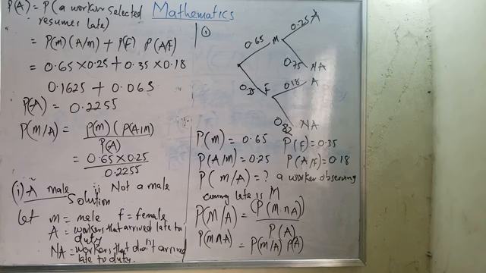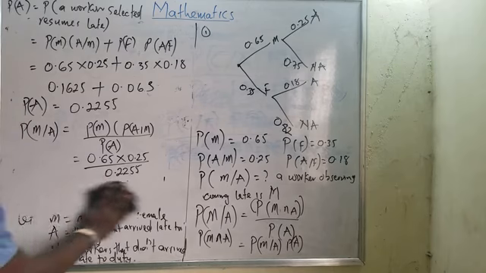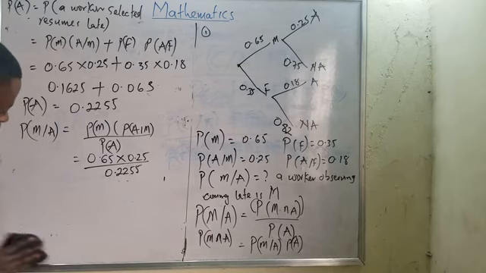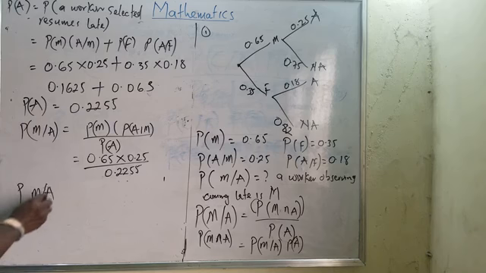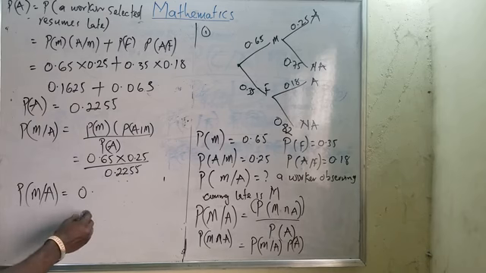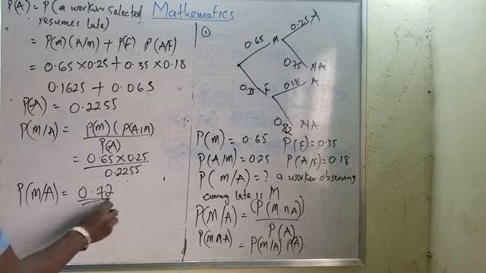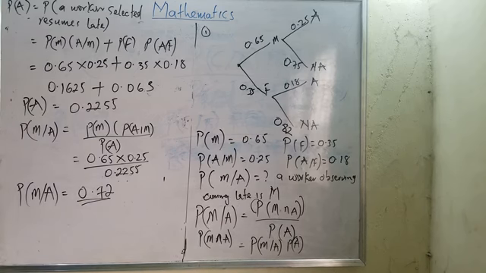Now, permit me to rub this part. Sorry for that. Okay, now which I will be having probability of M of A will be equal to 0.72. That is my first question.